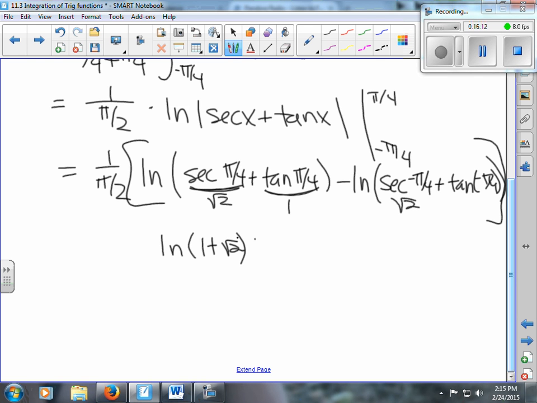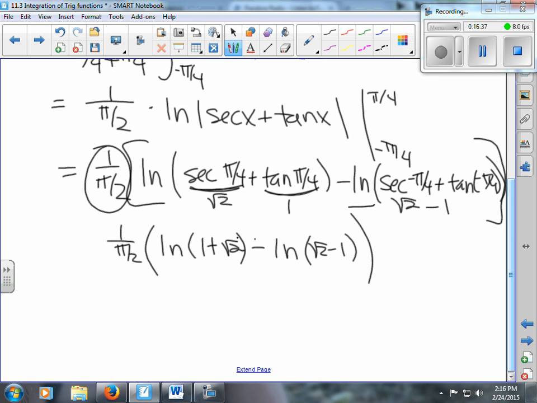Now, negative pi fourths in quadrant 4, the tangent of things in quadrant 4 is negative. So this is minus 1. And so this is minus the natural log of the square root of 2 minus 1. And I want to multiply that by 1 over pi halves. Okay. And that's going to be my final answer, whatever that number is.